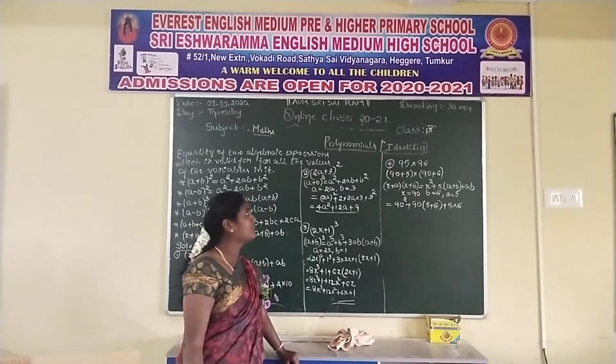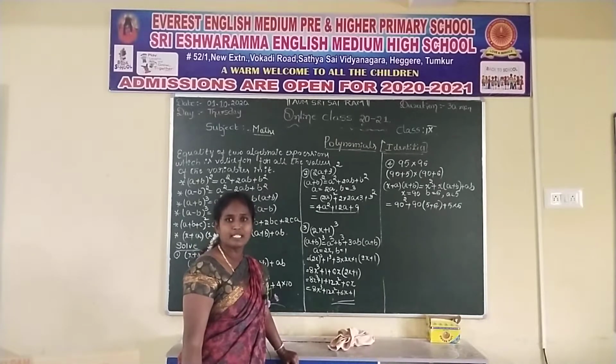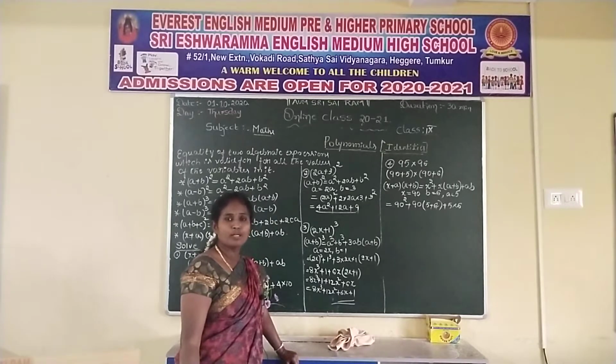Generally, for 95 into 96 we would do common multiplication. But we are not doing common multiplication.